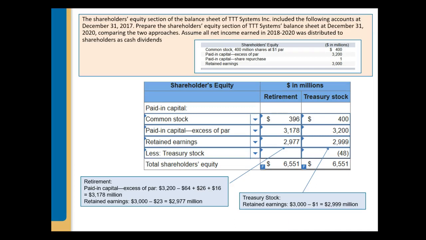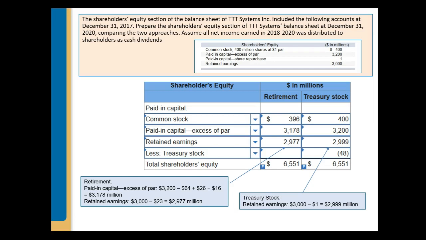So in this scenario, what is our shareholders' equity balance in the ending accounts if we go the retirement route, or if we retired the shares, or if we treat them as treasury stock? So as you see in this scenario, under the retirement, the retained earnings is going to be the $3,000 minus the $23,000 that we had debited in the journal entries previously.